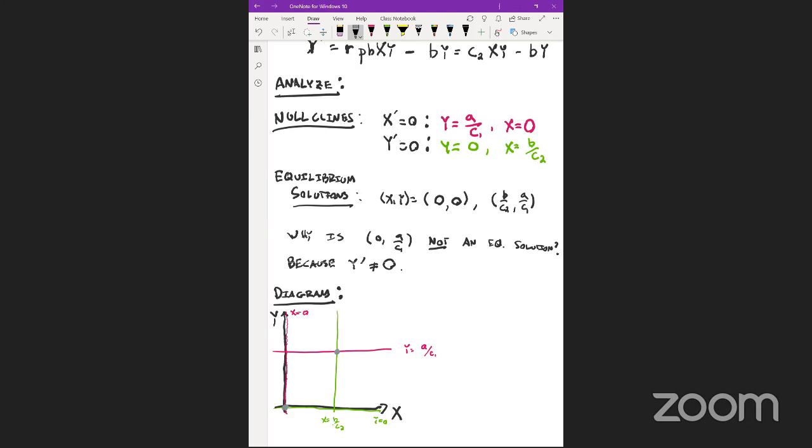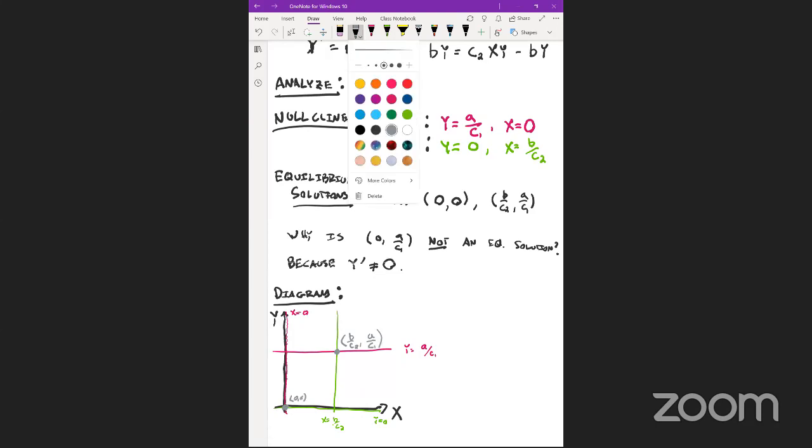So this is our b over c2, a over c1, and 0, 0. While I'm drawing this picture, I challenge you to figure out the slope diagrams yourself. We've always had 4 so far, but there's actually no reason why you need to have 4 regions. It's just any regions between the intersection of the null clines.